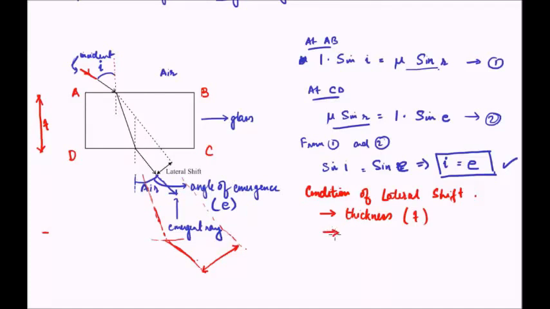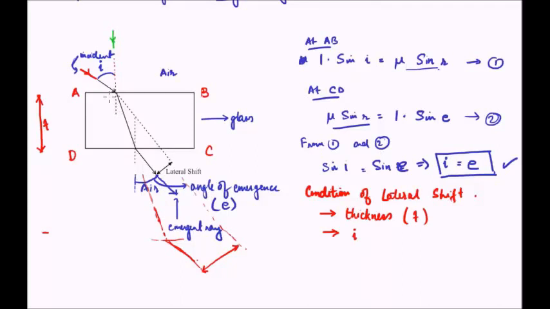And after this, the change of trajectory would have taken place. The incident line projection would have come this way, and the lateral shift would have been this much. So if we doubled the thickness, then the lateral shift would have doubled. So thickness directly affects the lateral shift.